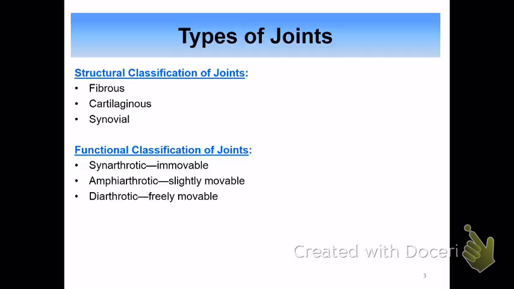There are two different ways to look at joints, two different ways to organize them. There's the structure of joints, and there is the function of joints. All joints fit into both classifications. You just have to look at which way you are studying it. Are you studying what the joint is made of, or are you studying the function, how much the joint moves? This is just how we organize and classify the joints.